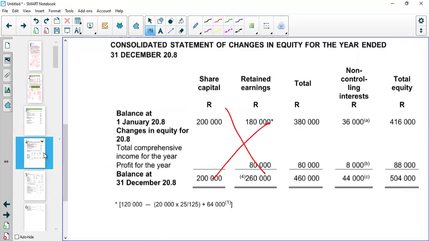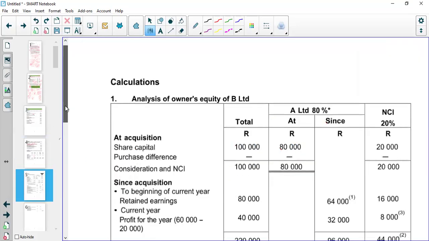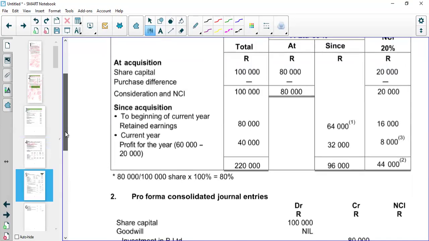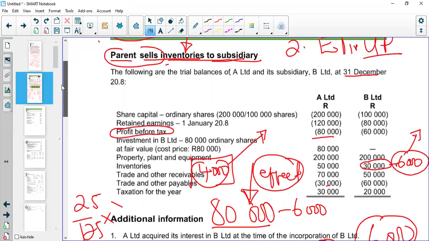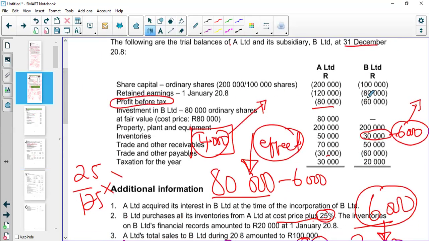So that's all. Then the rest is your standard stuff. I want to show you that the profit of the subsidiary is 60,000, right? Then we subtract taxation for the year, it's 20,000.